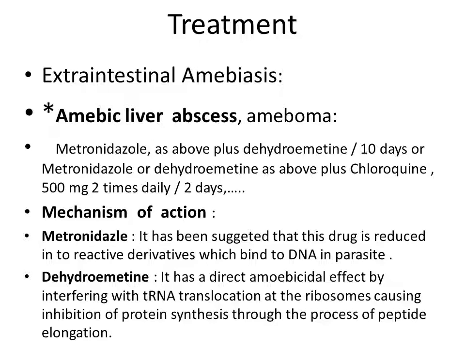Extra-intestinal amebiasis, which includes amoebic liver abscess and amoebioma, can be treated by metronidazole as above plus dihydroemetine for 10 days, or metronidazole or dihydroemetine as above plus chloroquine 500 milligrams 2 times daily for 2 days.